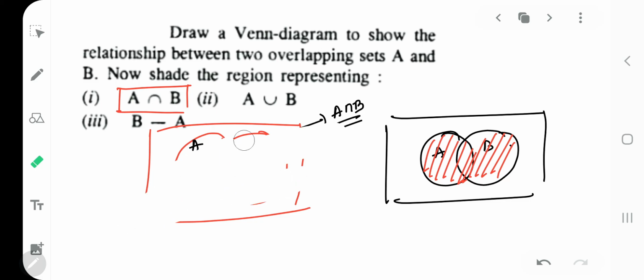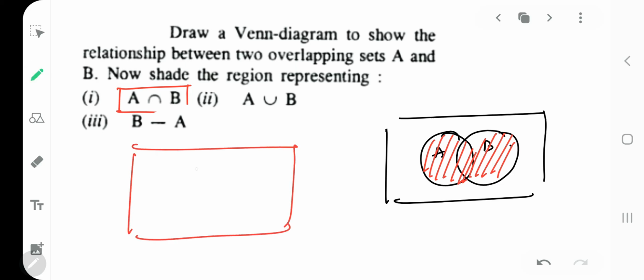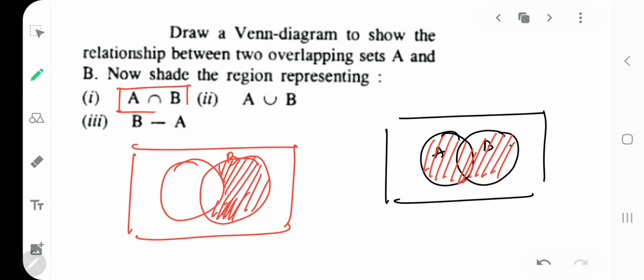So if I am taking again a set where there are two overlapping sets A and B, B में से A का हटा देना है तो बाकी जो B में बचता है, that means you will shade the remaining part of B after subtracting part of A from it. So this is the shading region representing your B minus A.